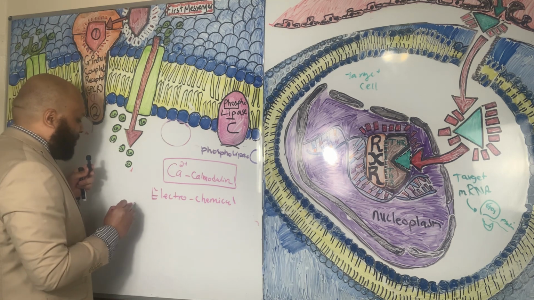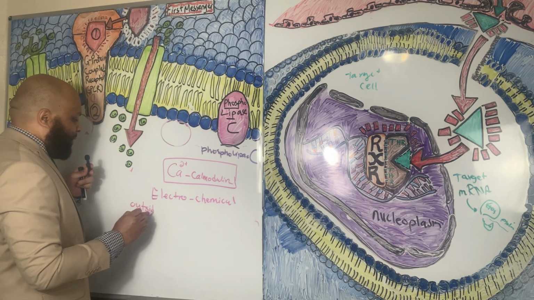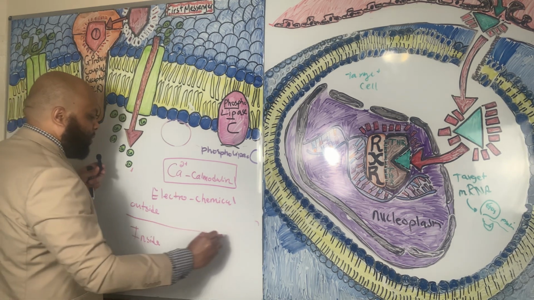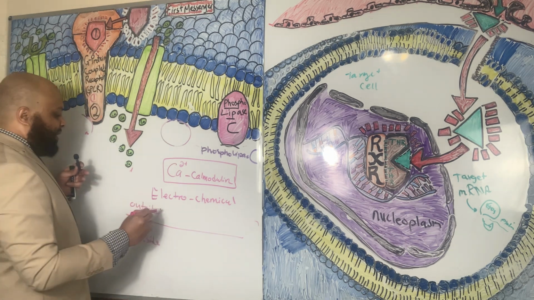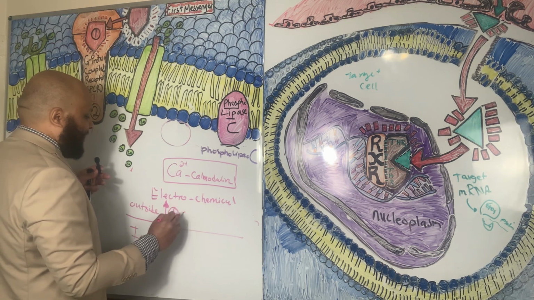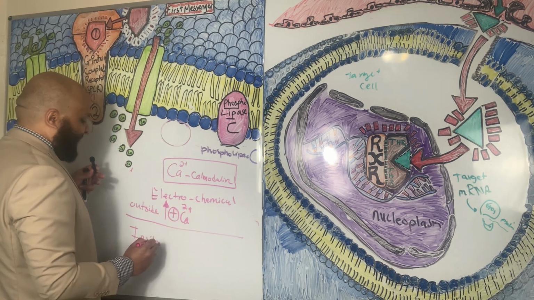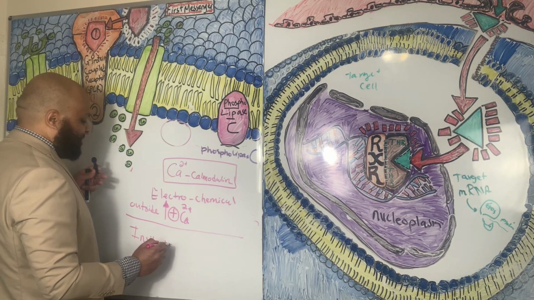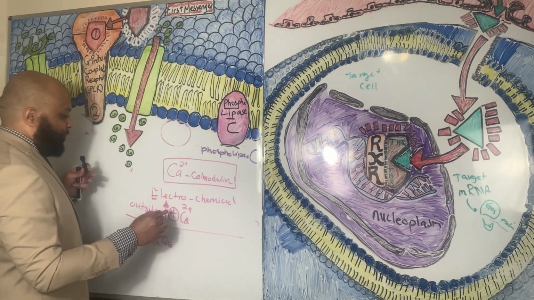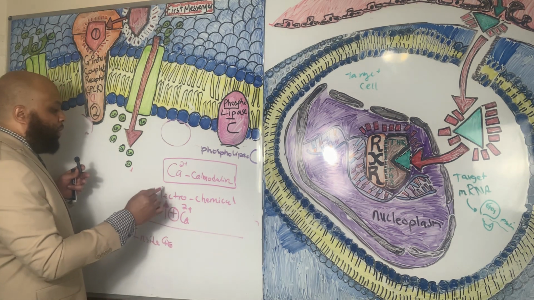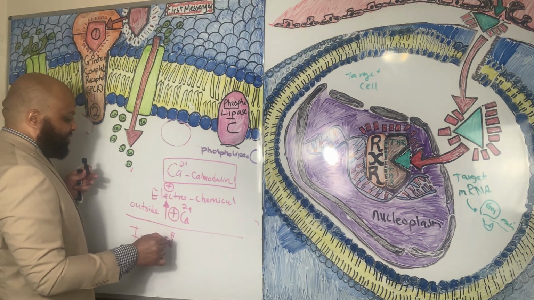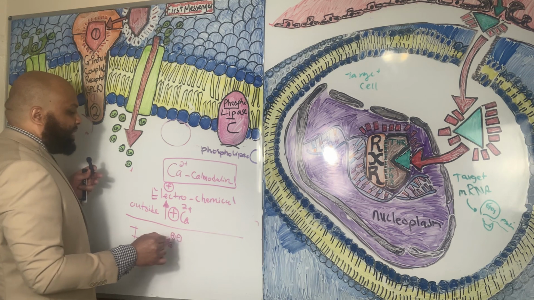Electrochemical gradient means that on the outside of the cell, when we compare it to the inside of the cell, there is a lot of electropositive charge, a lot of calcium, and here there is a little electropositive charge. So now there is an electromotive force for the flowing of calcium from an area of a higher electropositive potential to an area of a lower electropositive potential or a higher negative potential.